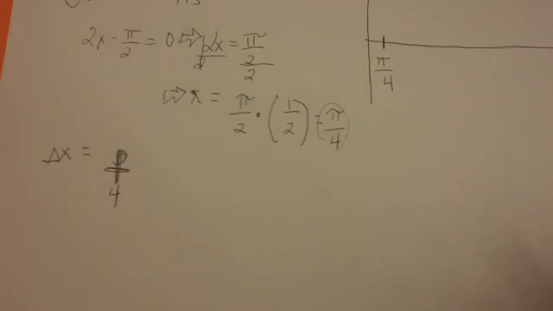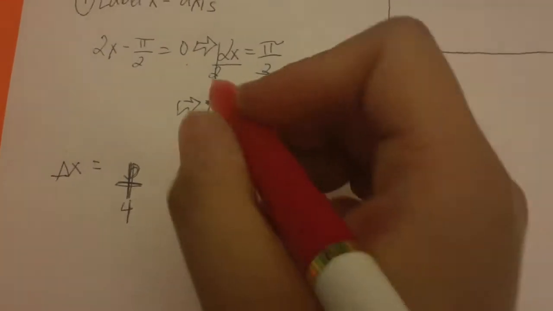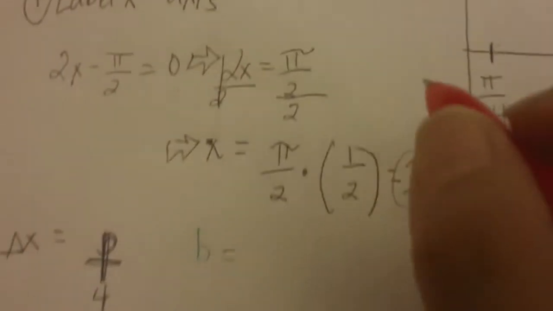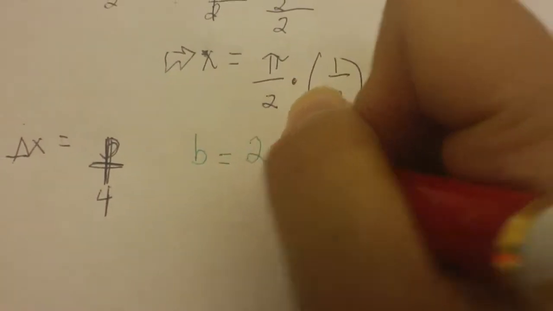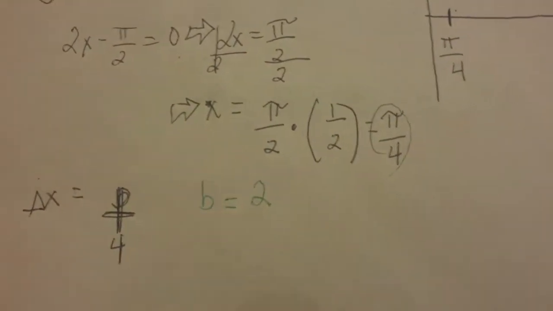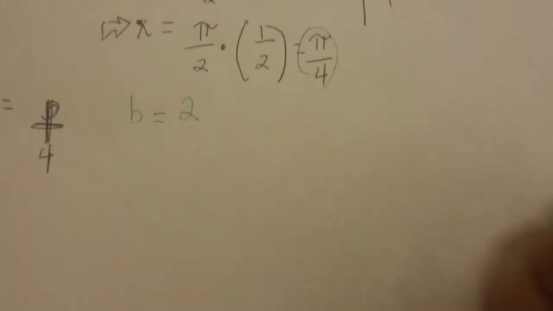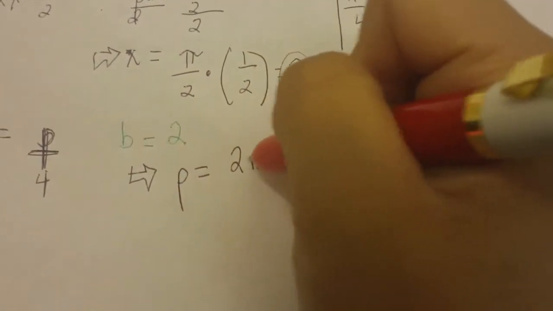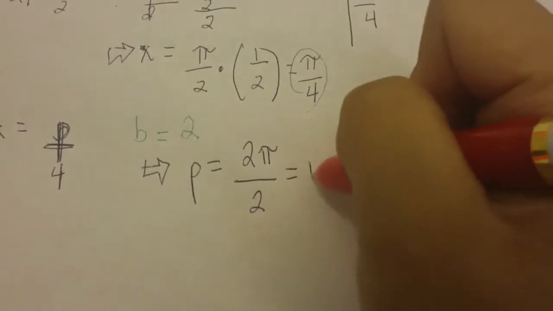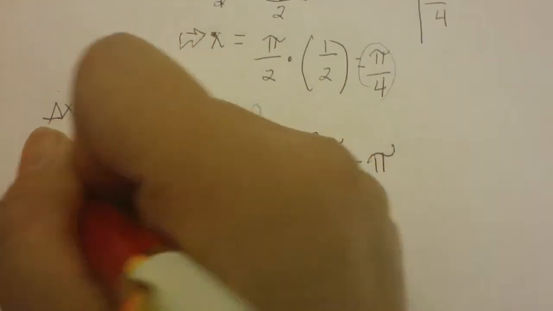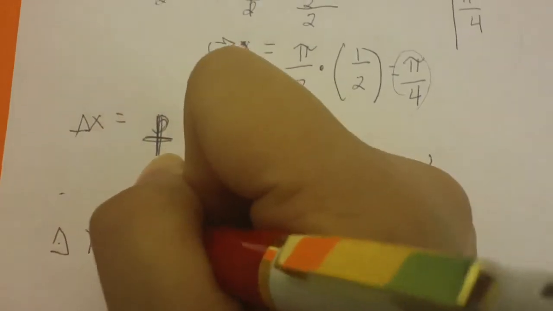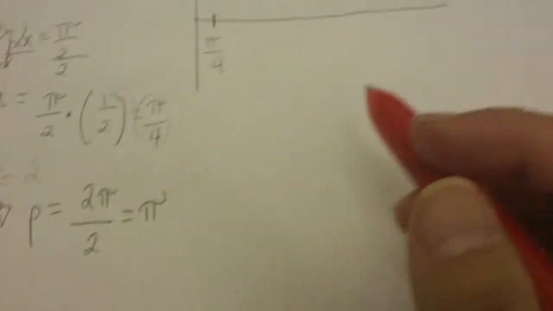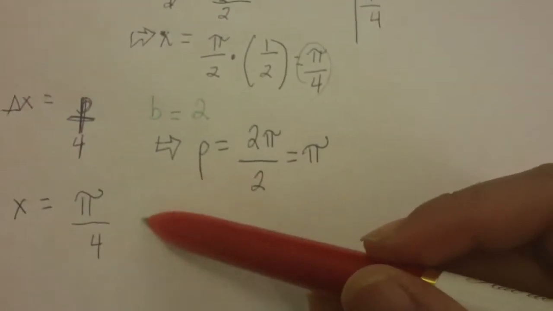So in this case, our angular frequency is 2. So B equals 2. Therefore, period equals 2 pi over 2, which is just equal to pi. So our delta x is equal to pi over 4. That means each tick mark is going to be pi over 4 radians long.